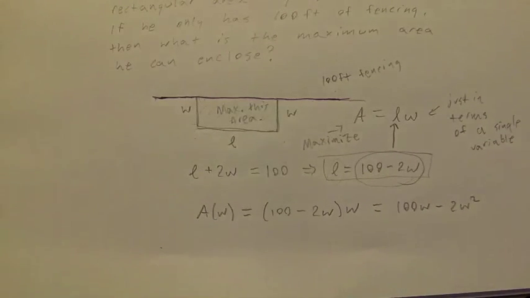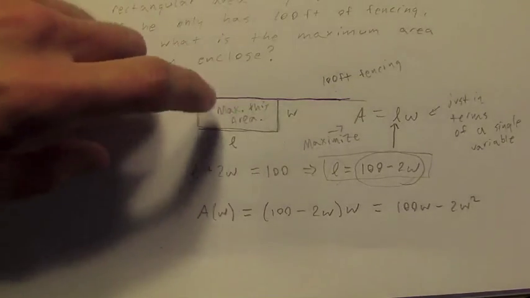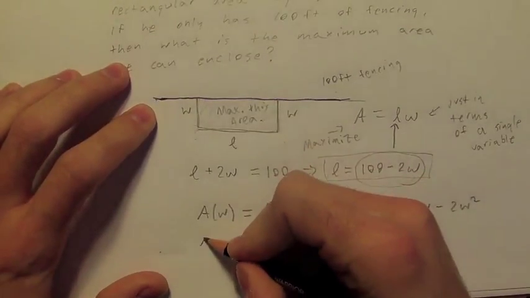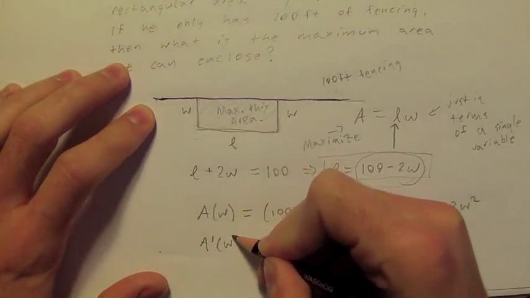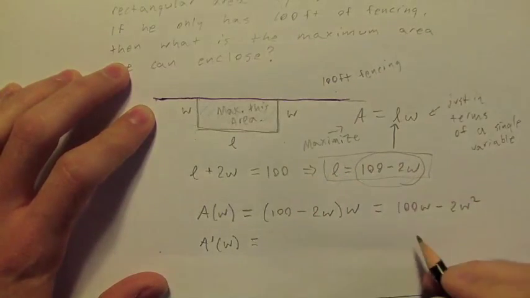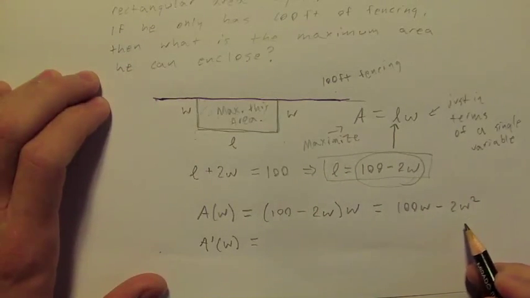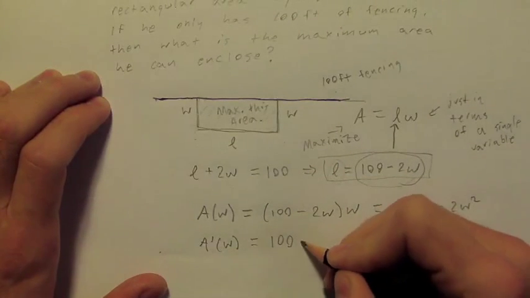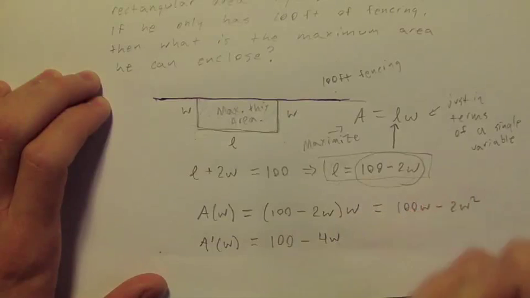Okay? And the reason we did all this is because now, if I want to maximize A, if I want to find the maximum, I want to start by taking the derivative. Right? And the derivative of 100W minus 2W squared is going to be 100 minus 4W.